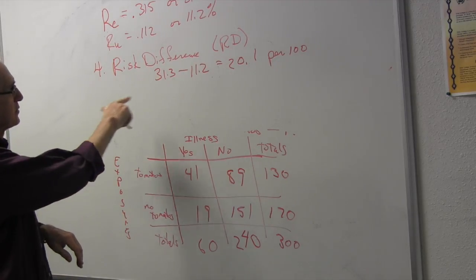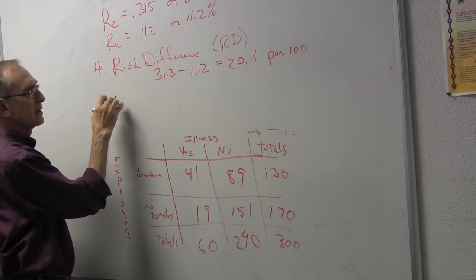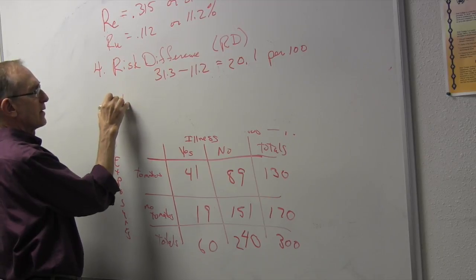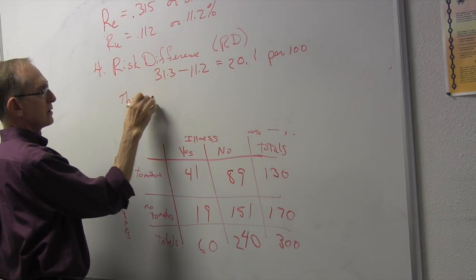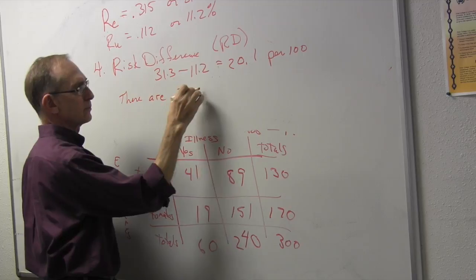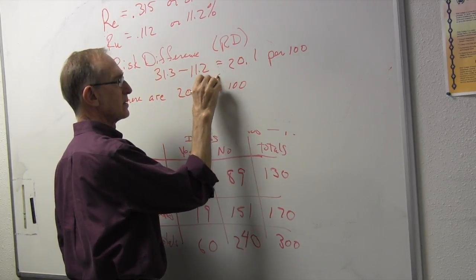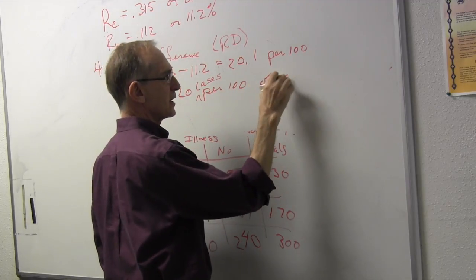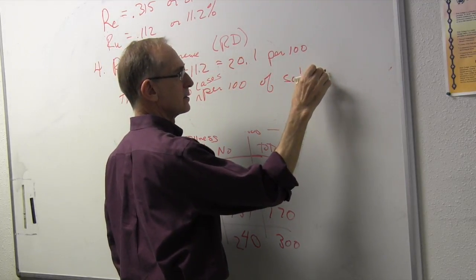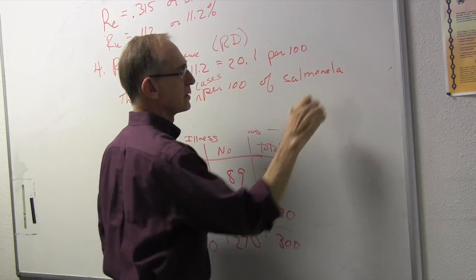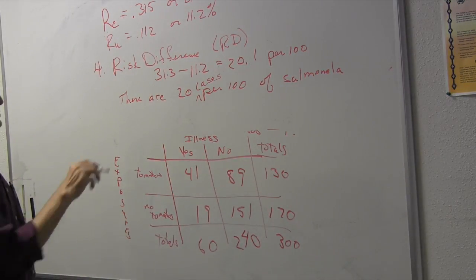Okay, so the interpretive sentence for this one would be that there are 20 per 100, 20 cases per 100 of salmonella. I'll learn how to spell that eventually.